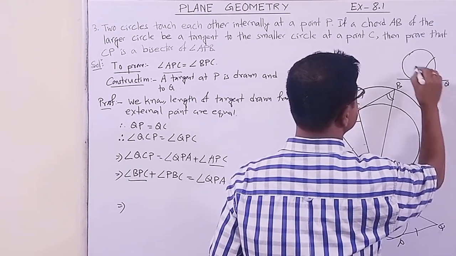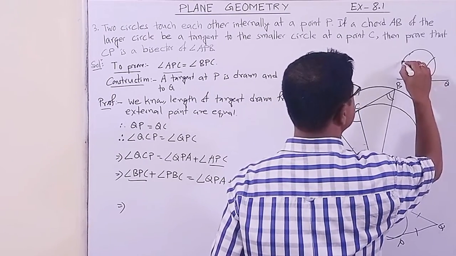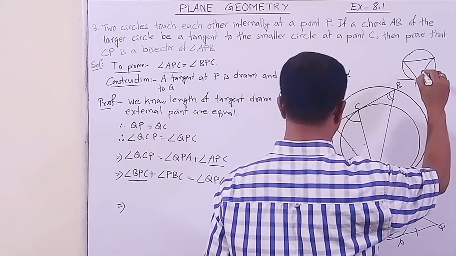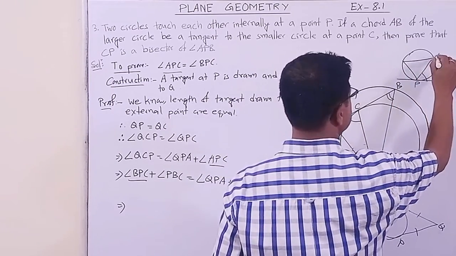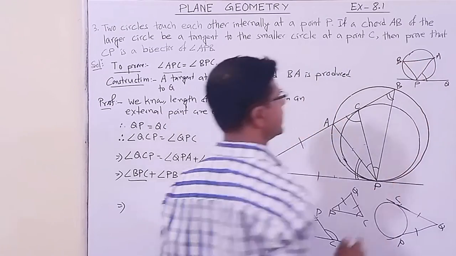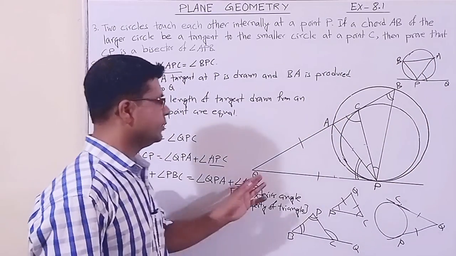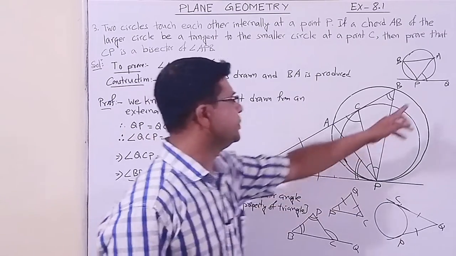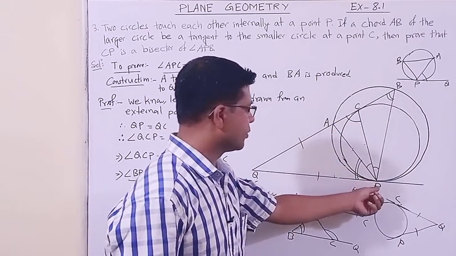This angle is always equal to this angle, you know it. Here this is A and this is B. Let us visualize the same thing here. The tangent is QP, the chord is AP.